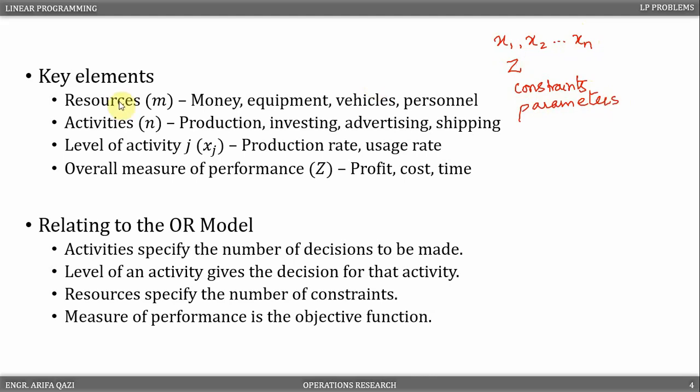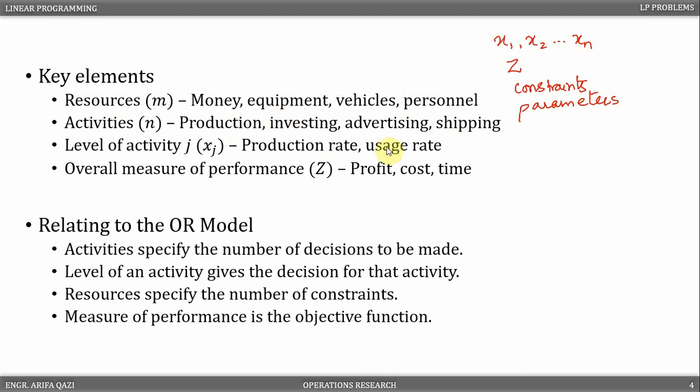So in the standard LP model, we have some resources, or M amount of resources, such as money, equipment, vehicles, personnel, and so on and so forth. We have certain activities which we are supposed to perform and based on which we need to make decisions. And these are N activities corresponding to the N decisions that we need to make. Examples would include production, investing, advertising, shipping, and so on and so forth.